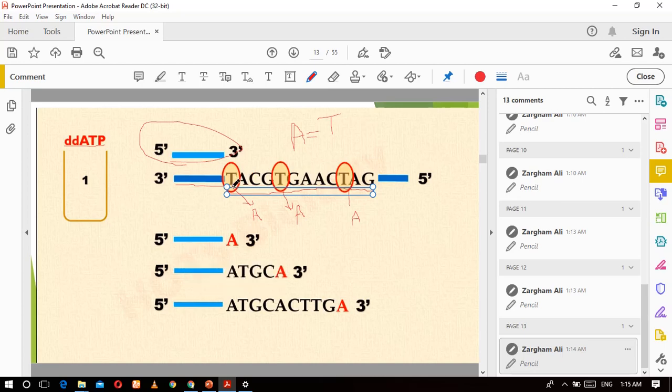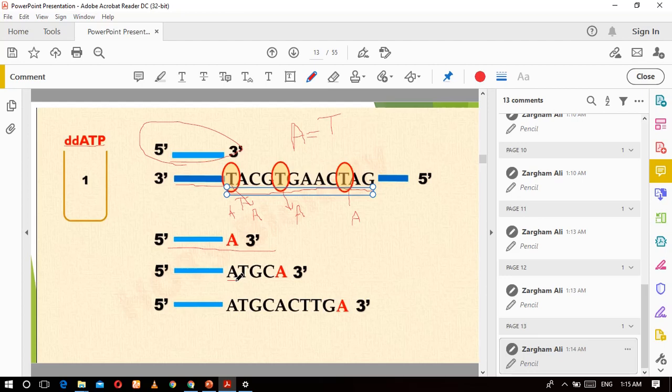T is present on the edge, so our reaction is started but terminated at the same end, as we added ddATP and it will detect the T and terminate the whole reaction, and the first sequence will be our A. Then we can see T is complementary to A, A is complementary to T, C for G, G for C, and T for A. As you can see, this is exactly the same sequence I told you earlier.